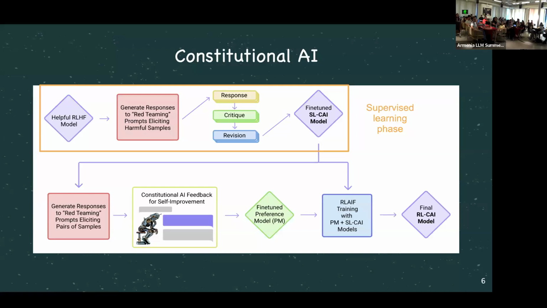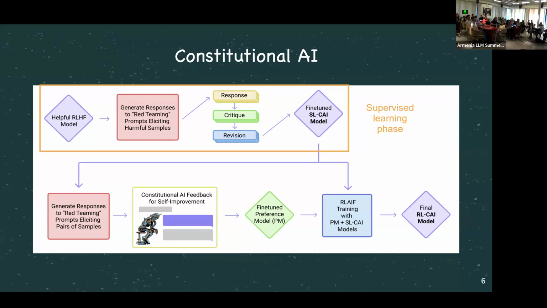And we do this to have a loop of more red teaming and having a classifier, which is why they call this constitutional AI, because they have this preference model that we prompted on some constitution and these principles that the model should respect.